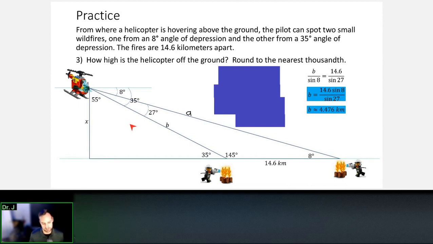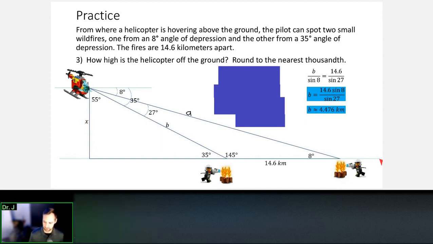People who did law of sines, what was on the left side of your equation? So b over sine 90. Okay, that's one way to do it. I personally would have put the x on the left side of the equal sign, because I usually do that, but it's okay if you didn't.